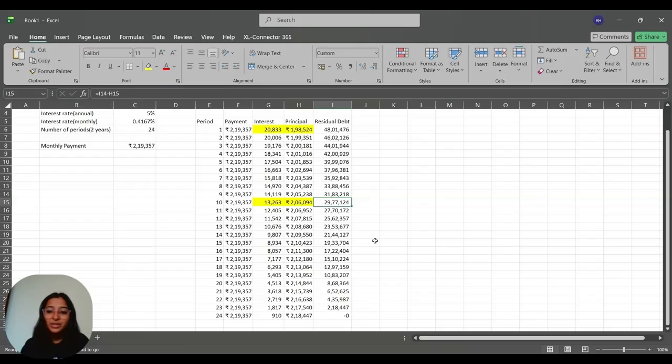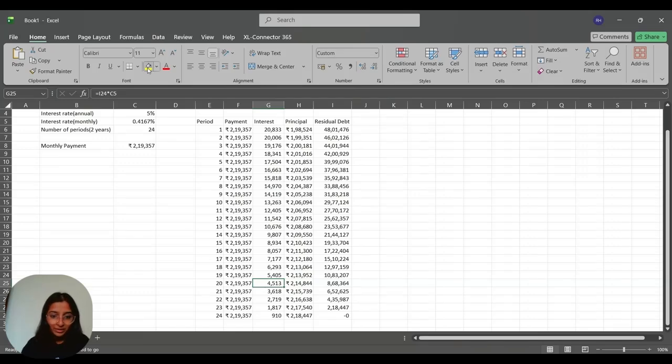So as we enter the final months, the 20th month interest is about 4,513. So here we can see the 20th month interest.